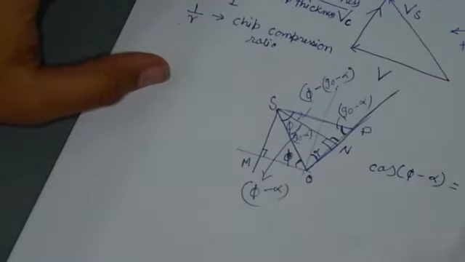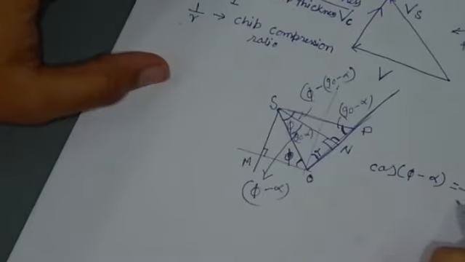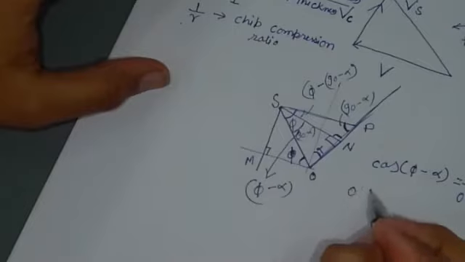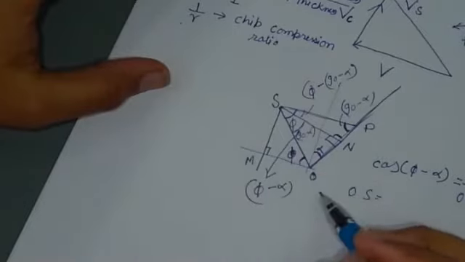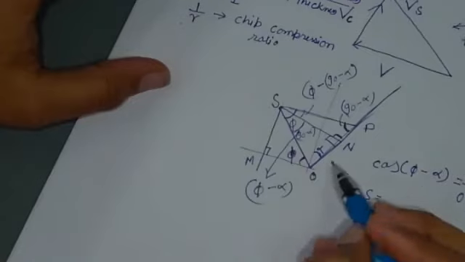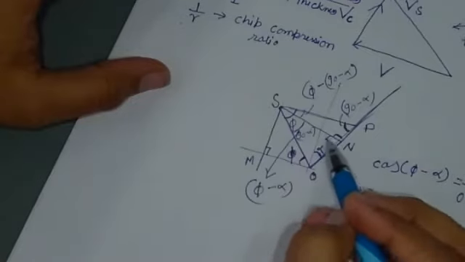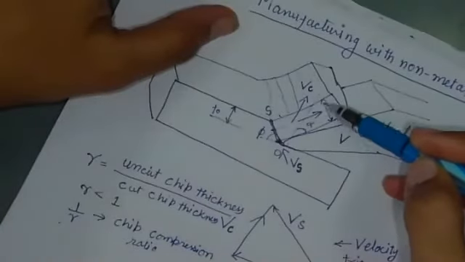So cos(phi minus alpha) will become Sn by Os. Sn is nothing but chip thickness. It is a perpendicular, Sn is nothing but this perpendicular thickness.